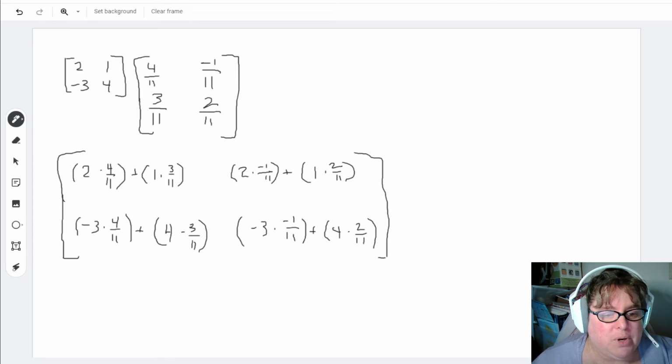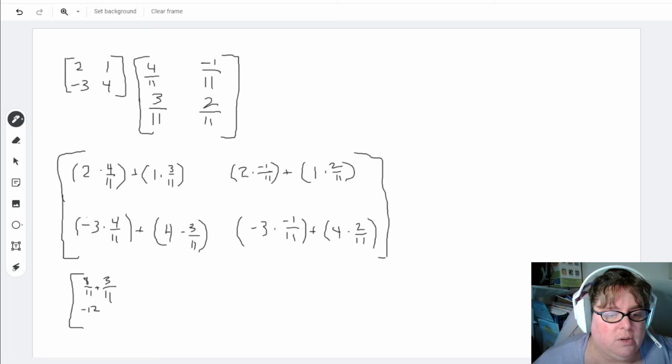Alright, so these numbers then, we end up with 8 over 11 plus 3 over 11. I'm just going to go down instead. Okay, so negative 3 times 4 is negative 12 over 11. Wow, handwriting stinks.